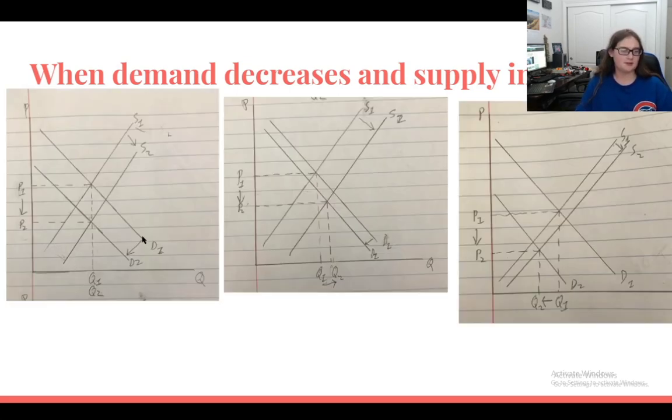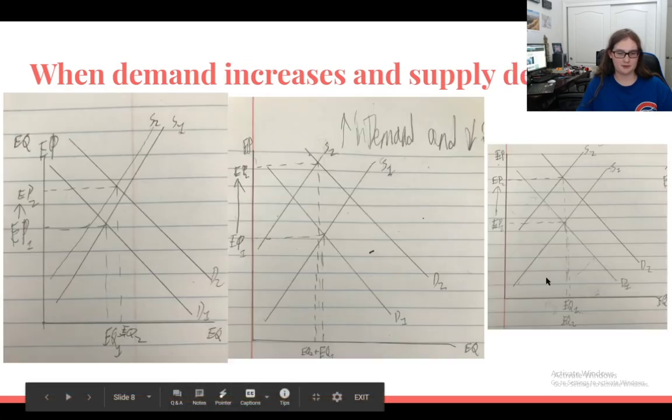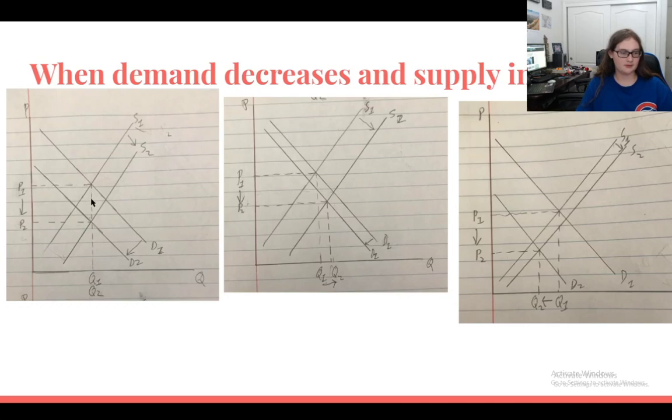Right here, on this one, the demand decrease and the supply increase are about the same. So there's no increase or decrease in quantity, but the price went down because of where demand is.